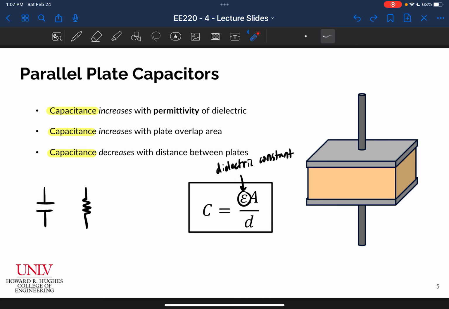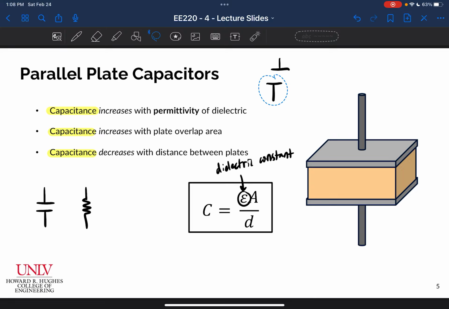Okay, the second value here in the numerator is area, but it's not just the area of the plate. It happens to be the plate area overlap. So if I have two plates, say this is my first plate and then my second plate is over here somewhere, as I move this plate over, there's a little bit of overlap now. That would be some capacitance.